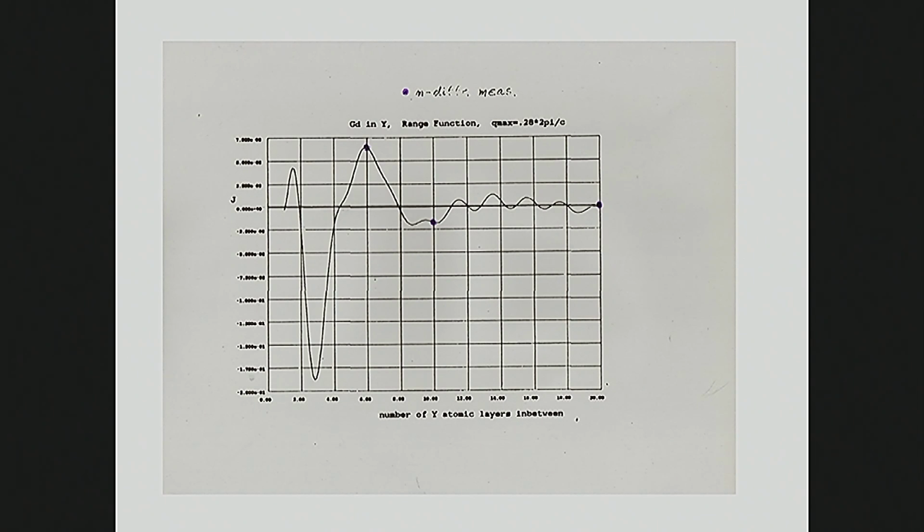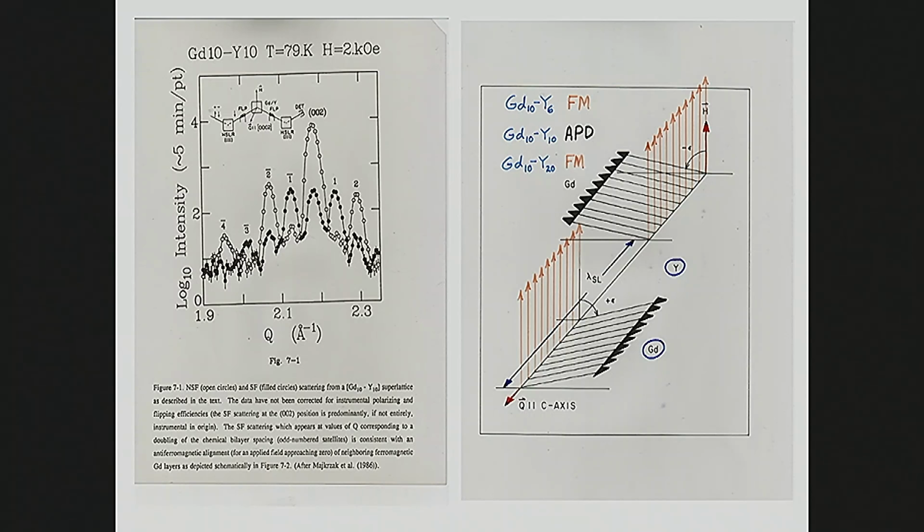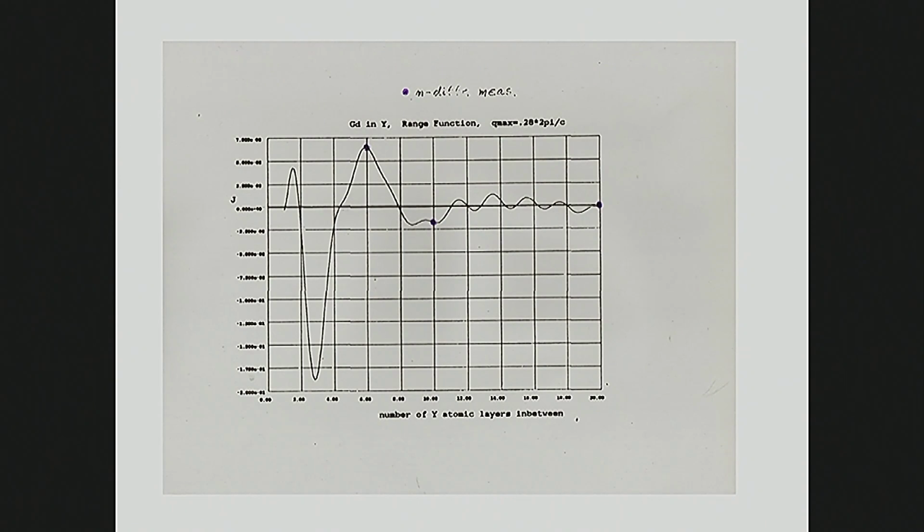All of this was verified from the neutron scattering data, which showed in a systematic way, by making many different superlattice samples with different yttrium layer thicknesses, that this oscillated with the same period as predicted for this RKKY interaction. So that's how the giant magnetoresistance works. Again, the understanding of the detailed nature of this mechanism is discovered by neutron scattering.